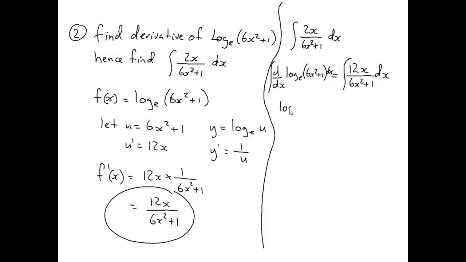This side becomes log e of 6x squared plus 1. This side, if I take 6 out as a common factor, becomes 6 times the antiderivative of 2x on 6x squared plus 1 with respect to x. That is what I'm looking for. Divide both sides by 6.